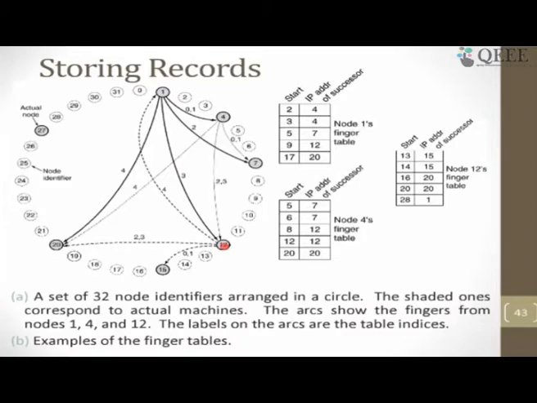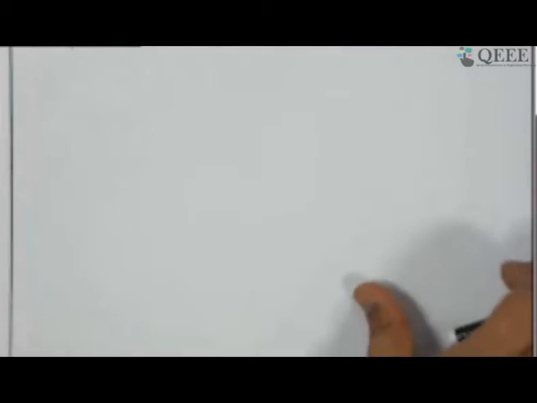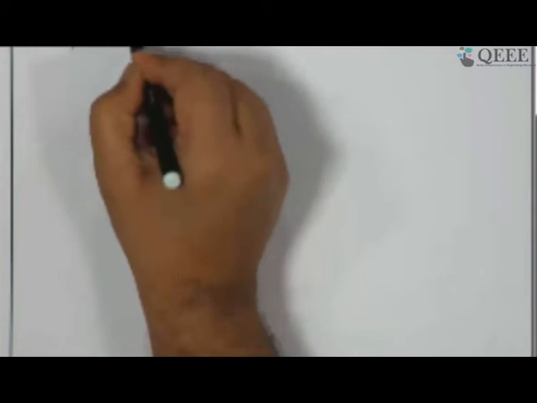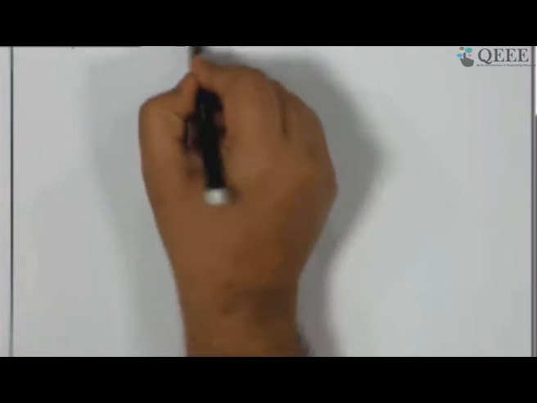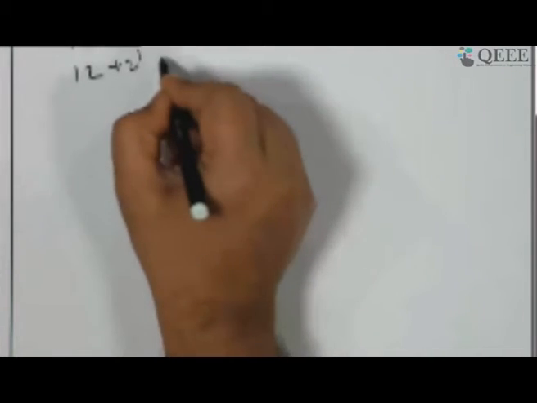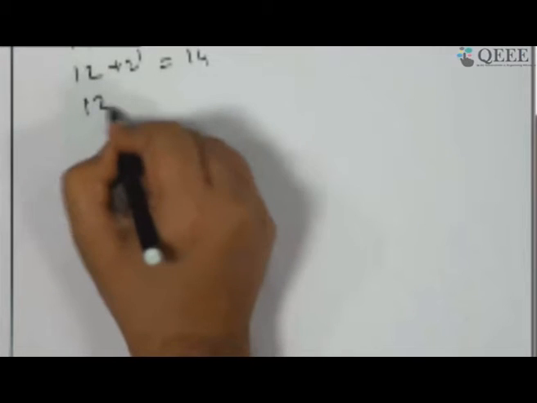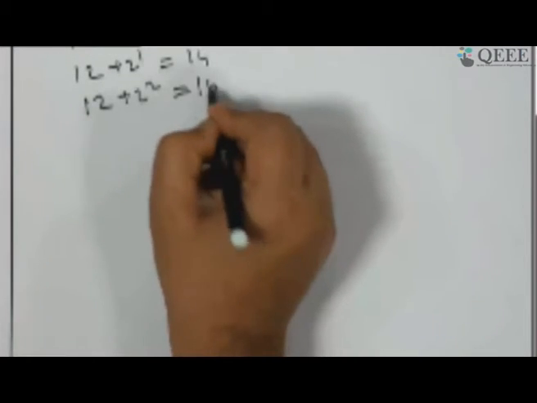12 plus 2 to the power 0 is 13. 12 plus 2 to the power 1 is 14. 12 plus 2 to the power 2 is 16.